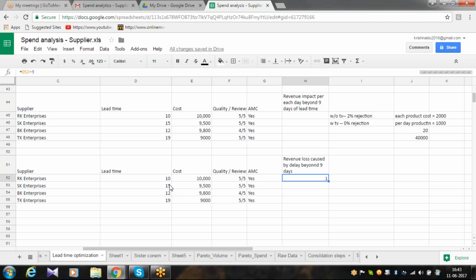So what is that here? 15 days. So how many days of delay beyond the benchmark? 15 minus 9. Am I right? Are you guys getting the point? Yes. So here I'll do 15 minus 9.